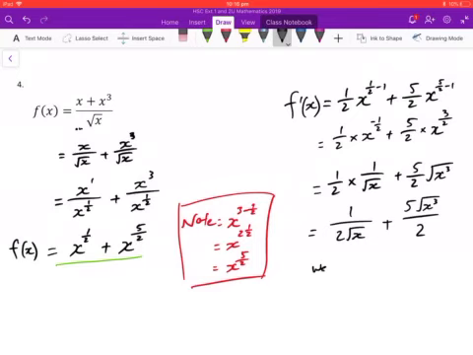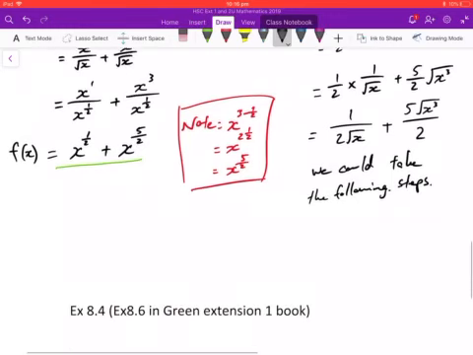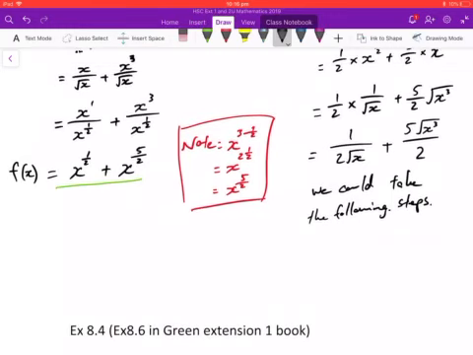We could take the following steps, but I don't think it's necessary for this purpose. But if you're interested, let me just show you. For the second term, I'm going to multiply top and bottom by root x. It's 1 on 2 root x plus 2 root x on the bottom.